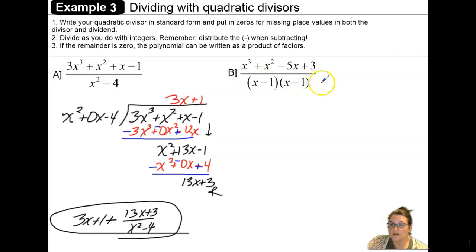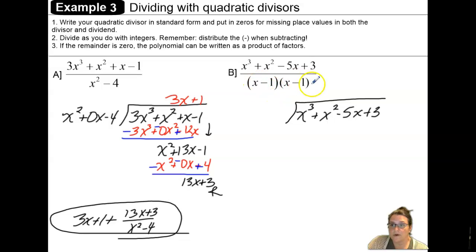Okay, so when we try example B, I'm going to have a dividend of x cubed plus x squared minus 5x plus 3. And then my divisor, remember up here it said write your divisor in standard form, right, and put in any zeros for missing place values.